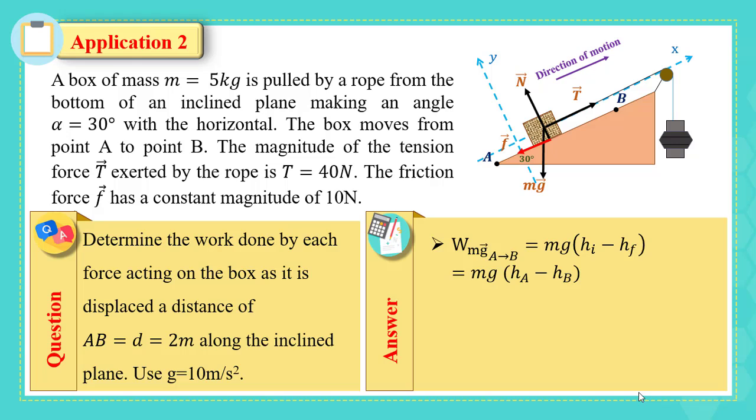The work done by mg is mg times H initial minus H final, but H initial is 0. What about H final?